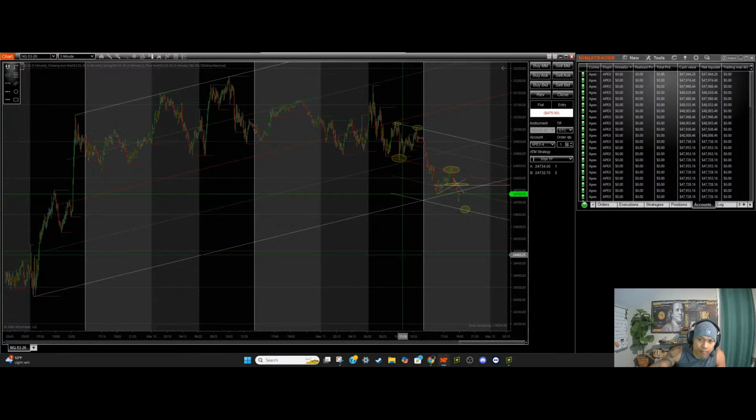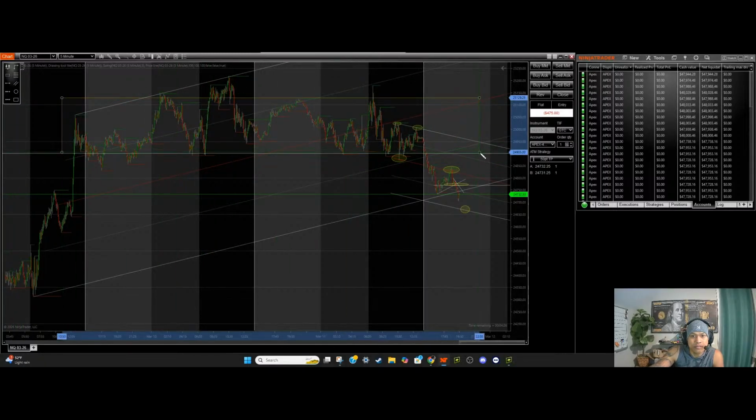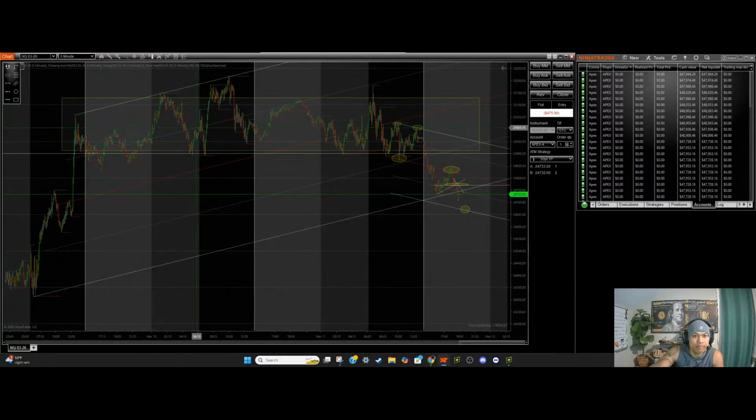So I'm also ready for that, because my initial analysis was the break and retest of 24,900 right there. You have all this consolidation. You have shorts trapped right here. All the shorts are trapped.